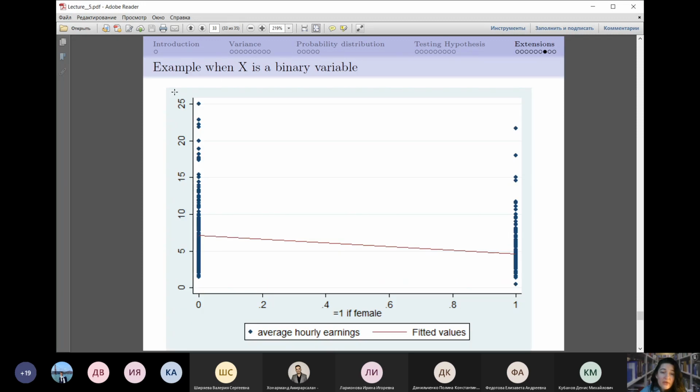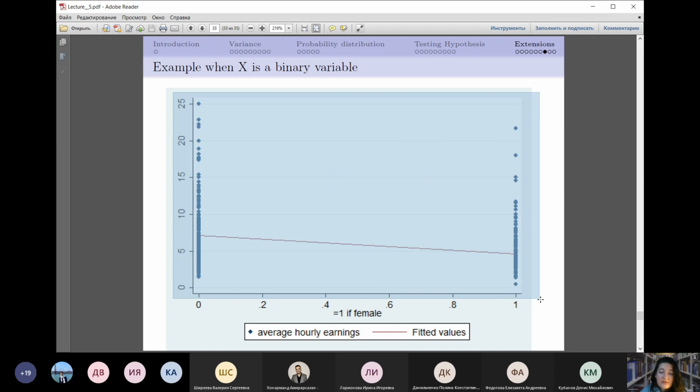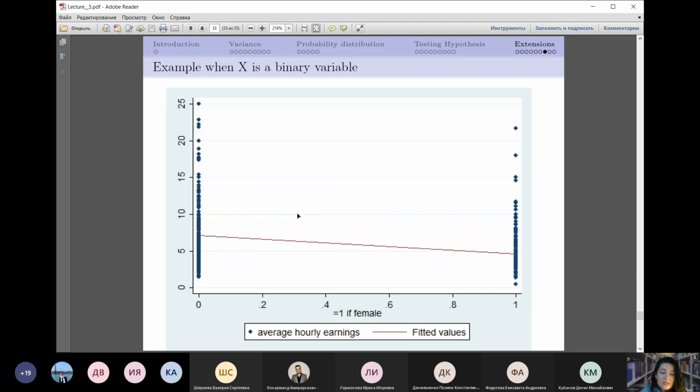And we can also prove this with this graph. You can see the same interpretation here, because this is the regression line, and you can see that for females, the predicted mean value is less than for males. And this difference is statistically significant.